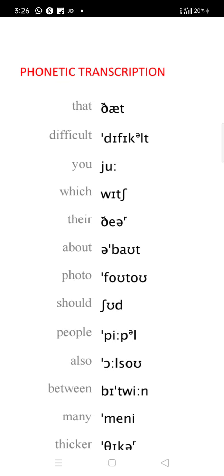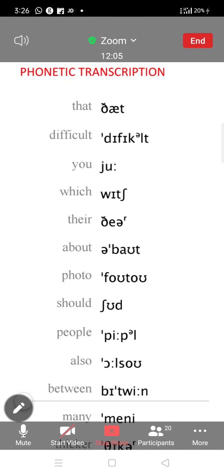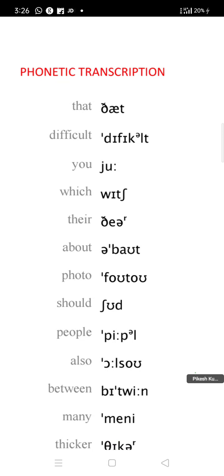So you should pronounce the word like, which. And there are three sounds. You have to write down the symbols of the three sounds. Here you can see. Now you can tell me if you have any doubt.